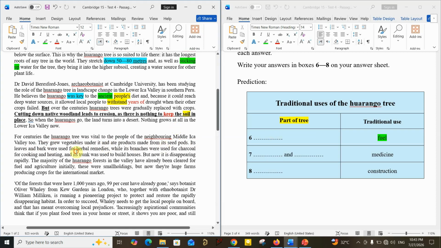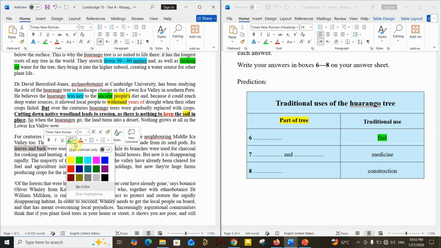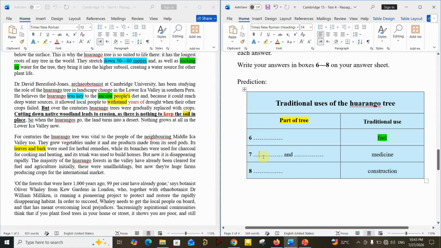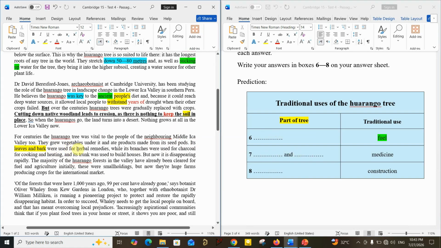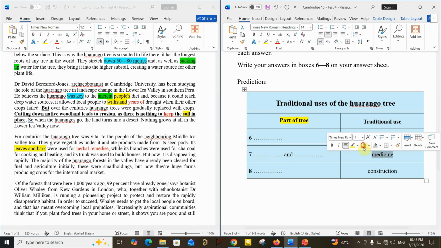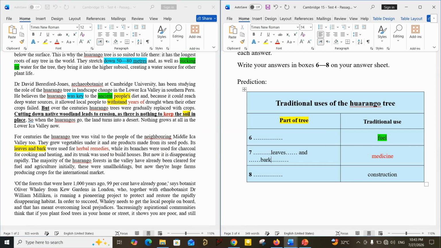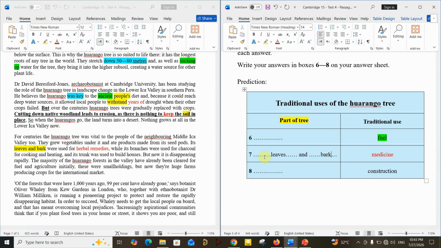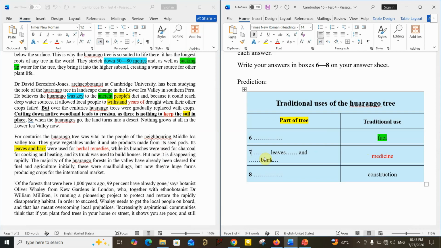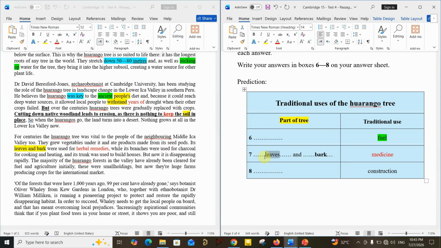So here these are leaves and bark, still a part of the tree, of course, for herbal remedies. This is related to medicine. So here you could write down leaves and bark for question number 7. Leaves and bark.